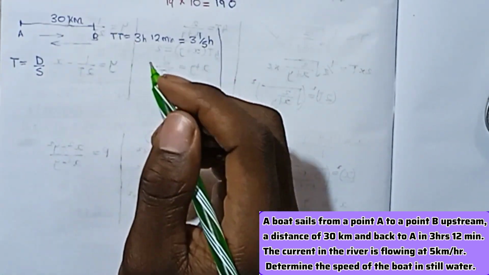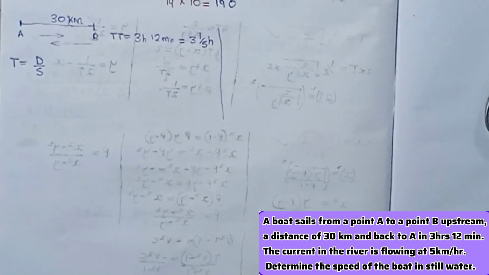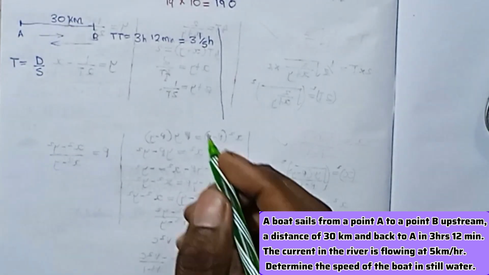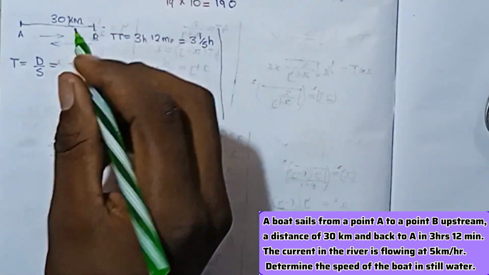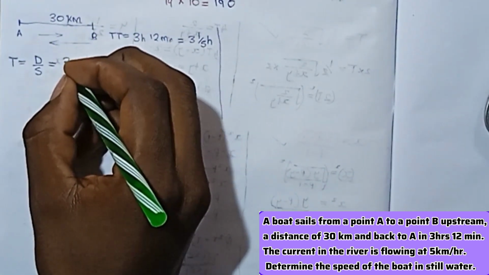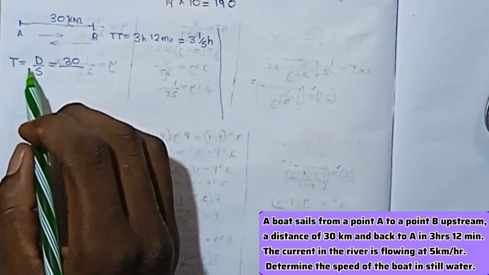When the boat is in still water, it moves with a constant speed, and going upstream 5 has to be subtracted from that speed. So we have the distance of 30 kilometers divided by the speed.